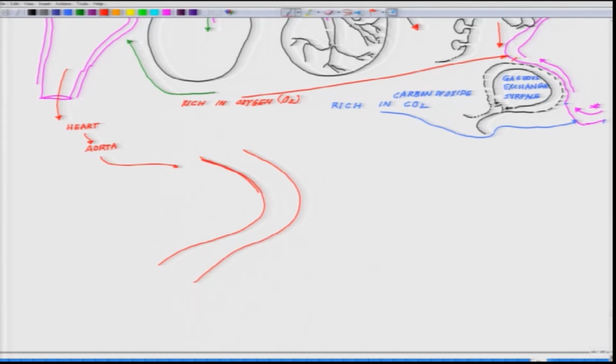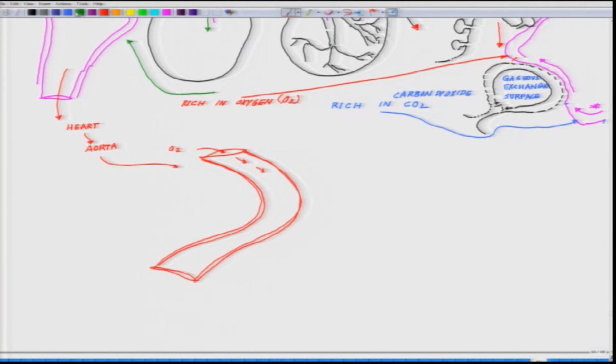This is the vessel. Okay. Oxygen rich blood which is traveling along.